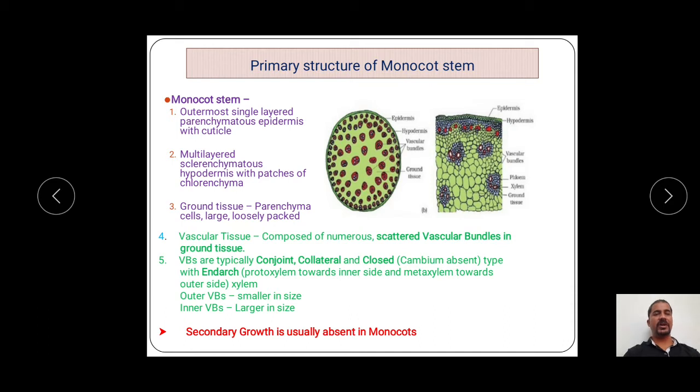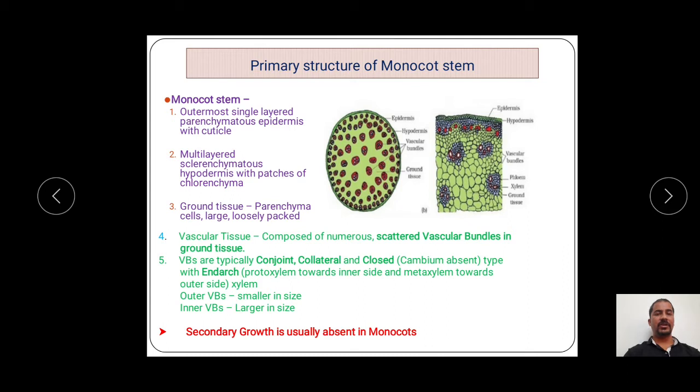Collateral means they are placed side by side, and closed type means the cambium is absent in the vascular bundle. Then these vascular bundles are of endarch type. Endarch means the protoxylem is present towards the inner side and metaxylem is present towards the outer side of the vascular bundle.